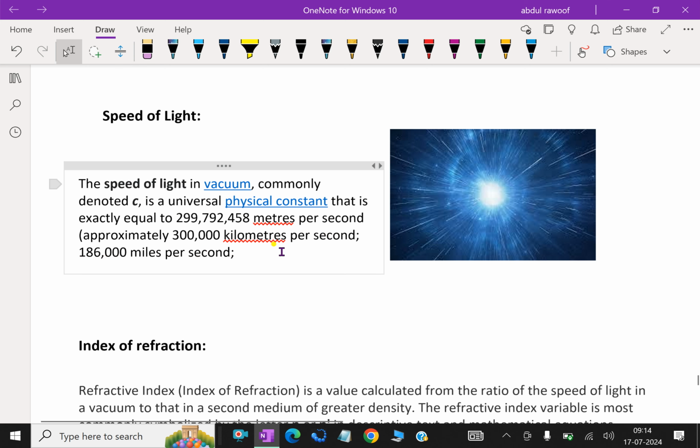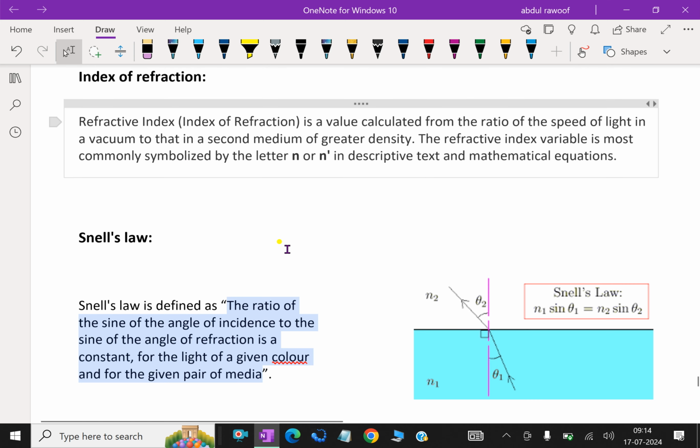Now we'll talk about the index of refraction. Refractive index, that is index of refraction, is a value calculated from the ratio of the speed of light in vacuum to that in a second medium of greater density. The refractive index is most commonly symbolized by the letter n in descriptive text and mathematical equations.